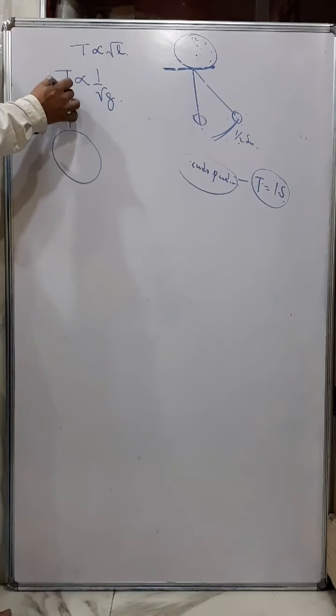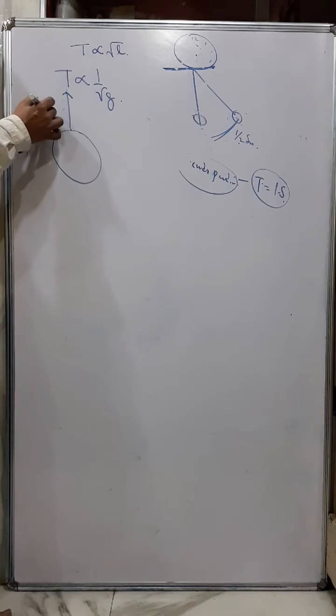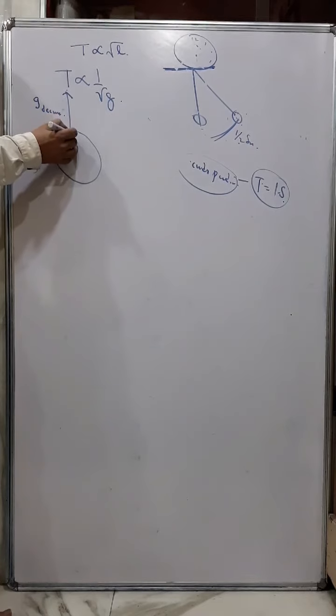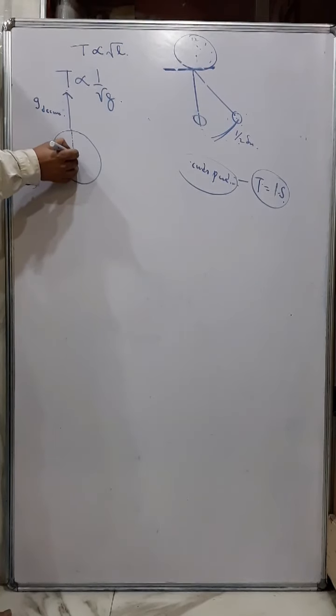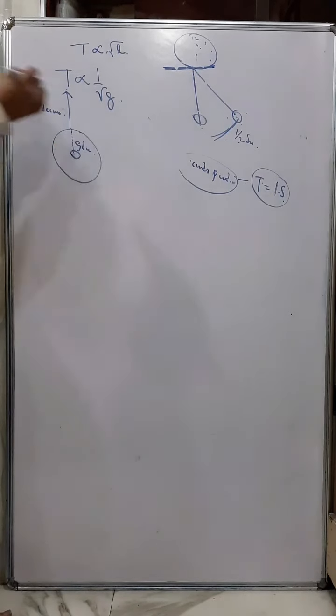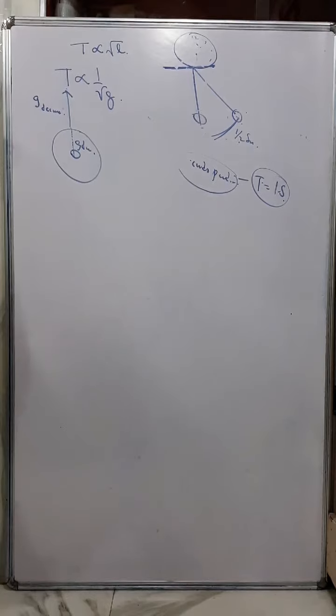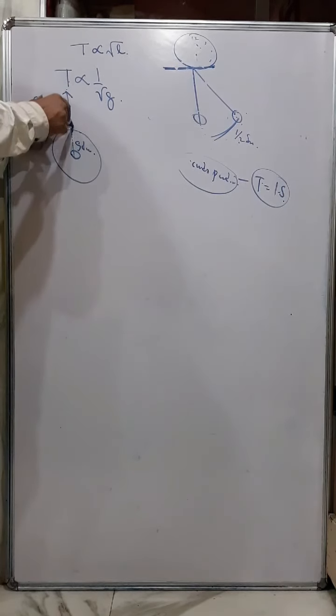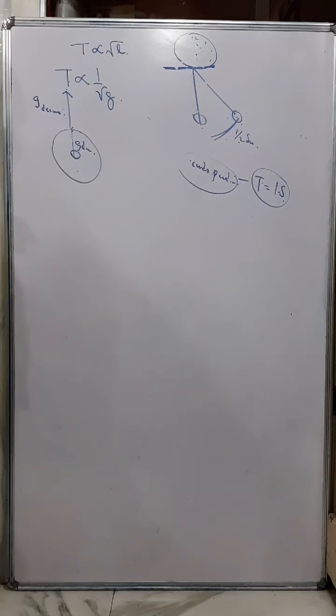As we go higher and higher from the Earth's surface, the value of G decreases. Similarly, as you go underground, inside the Earth, in mines, then also G decreases. So that means the value of G decreases with altitude and depth from the Earth's surface.